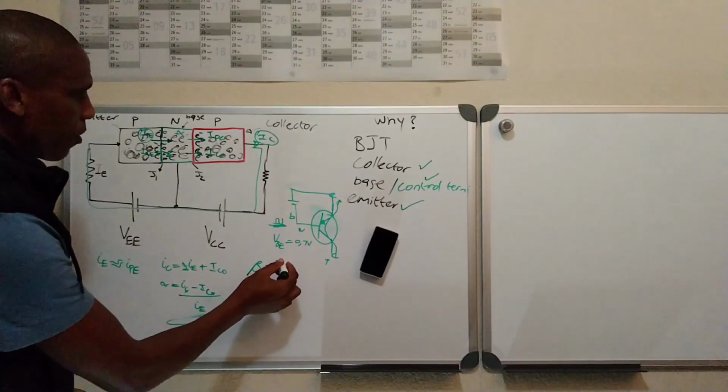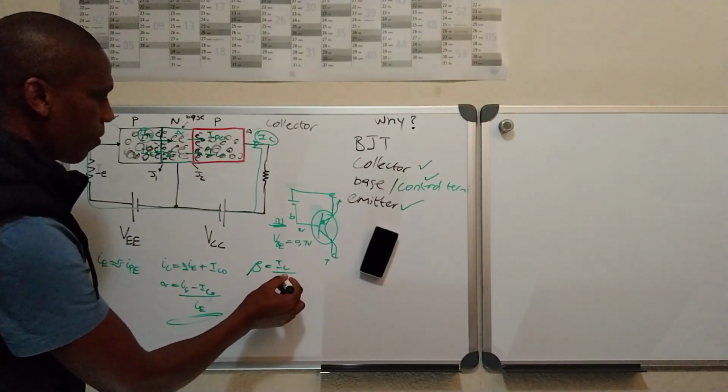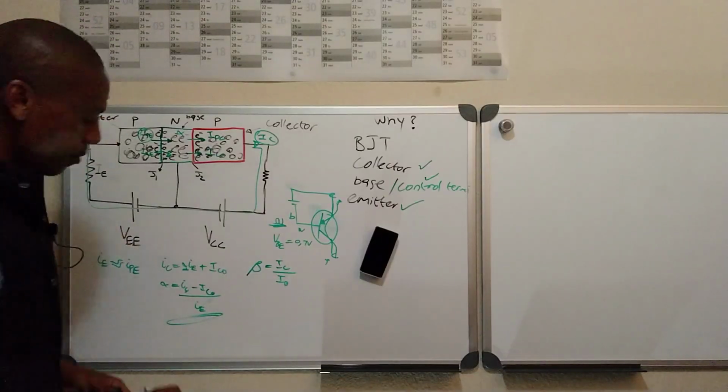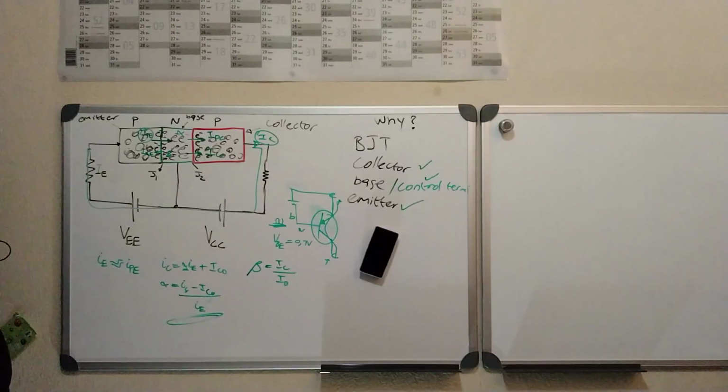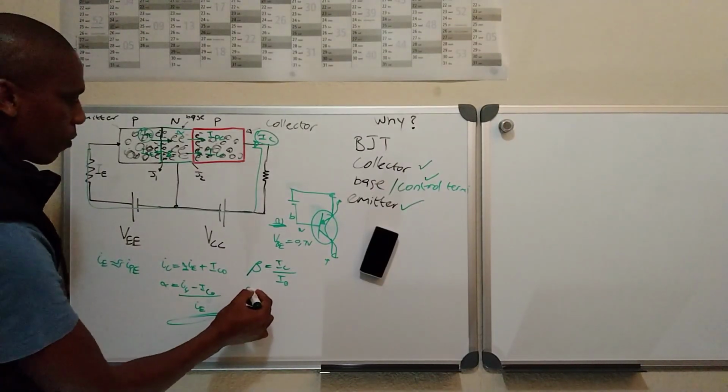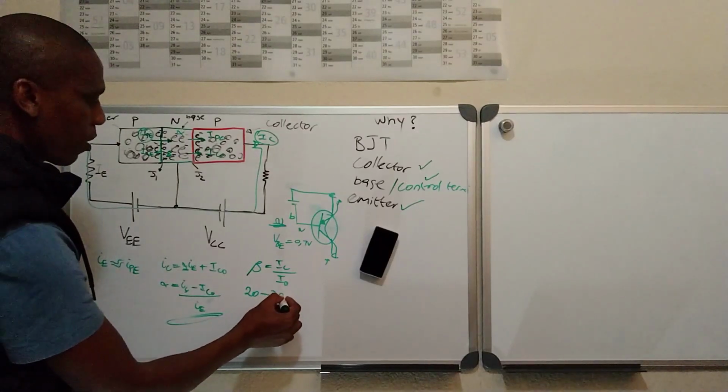Beta is equal to the collector current over the base current. You get beta on a data sheet. Beta normally ranges from 20 to 300.